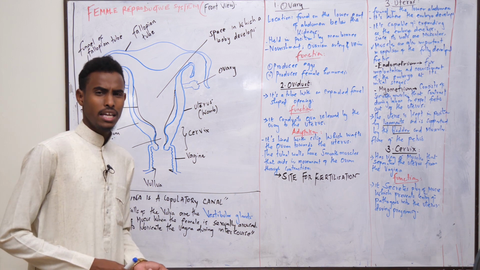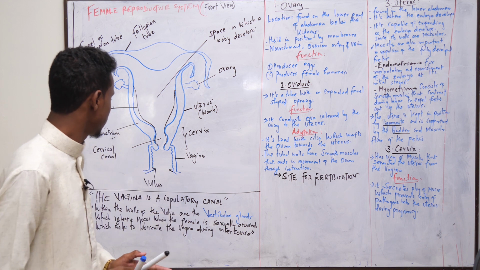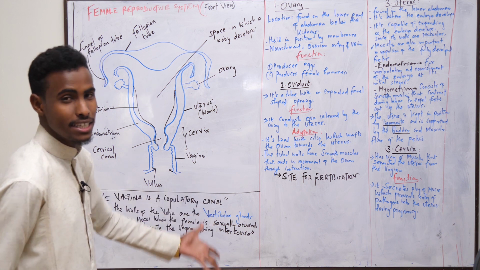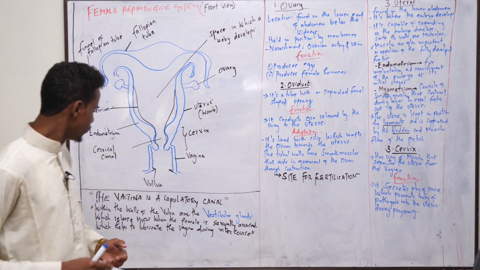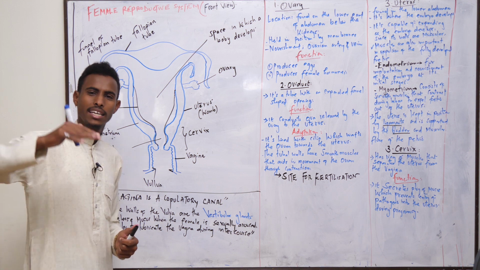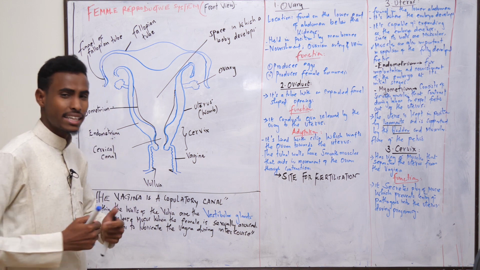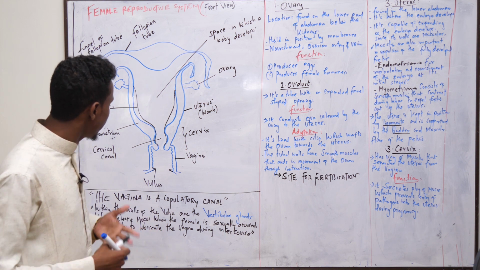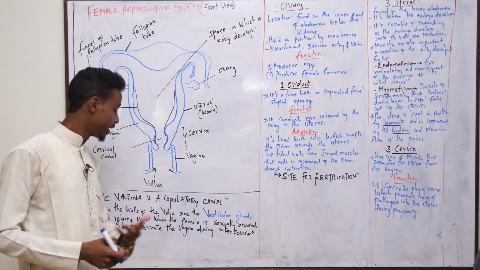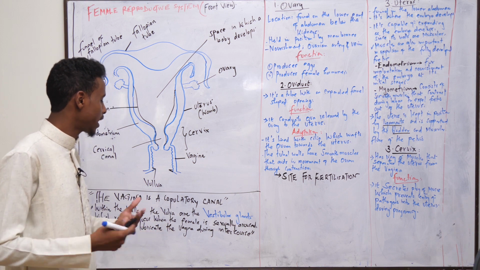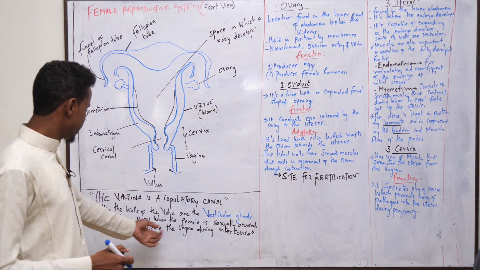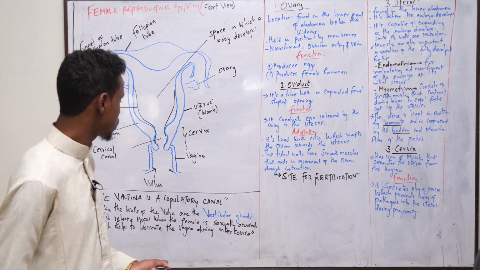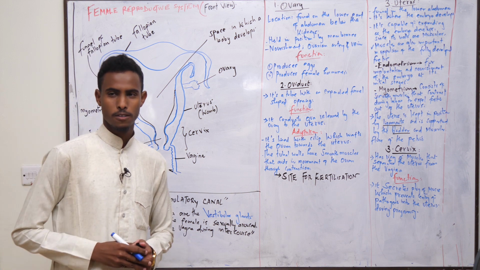Now class, there is more relationship than the eye can tell between the penis and the vagina. We said in yesterday's lesson that the penis is an erectile organ when sexually aroused. The vagina has muscular walls and lubrication.